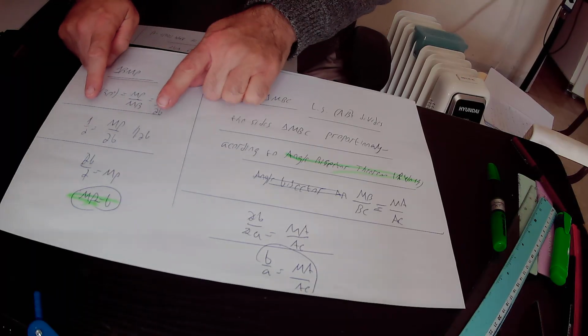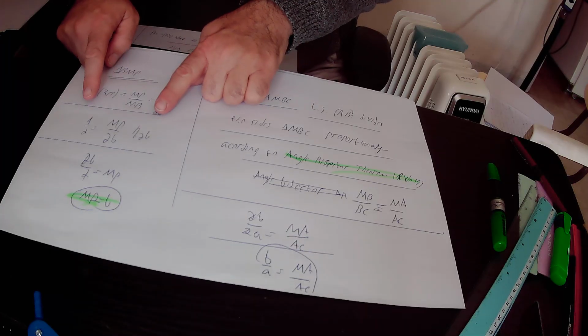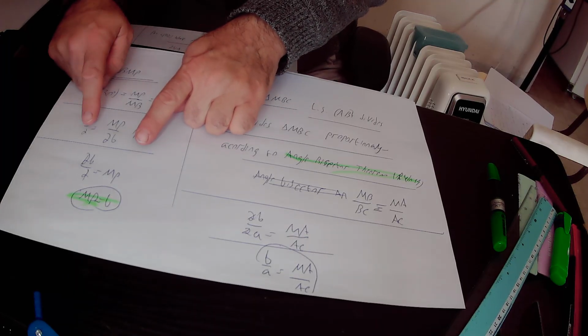We multiply this equation by 2B, and we find that MP equals 2B over 2.